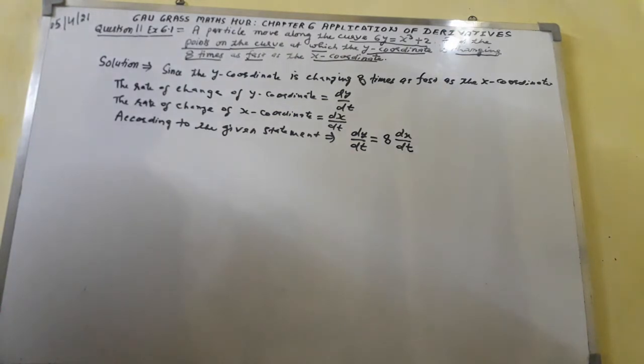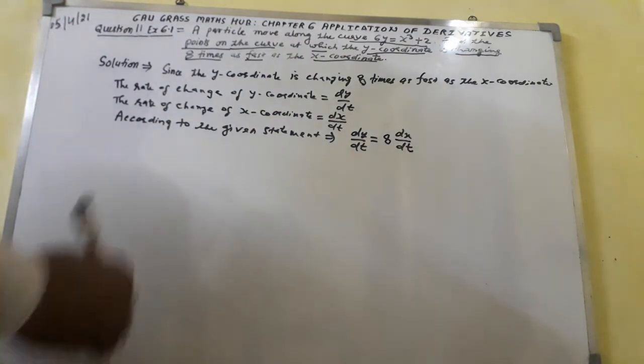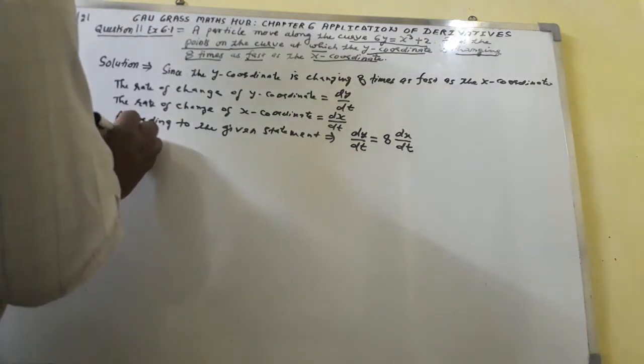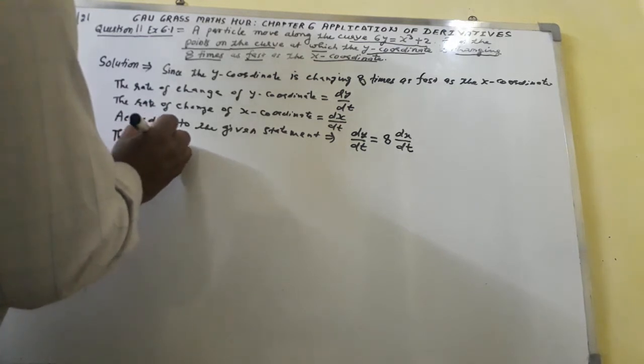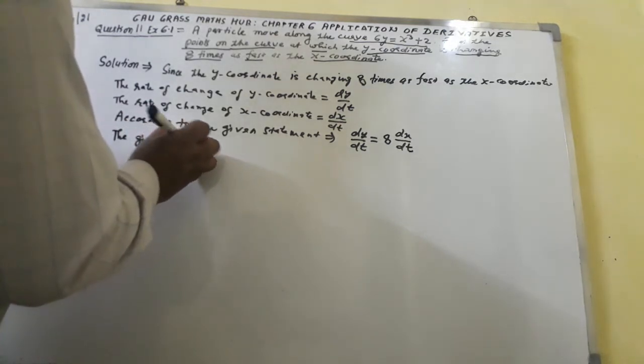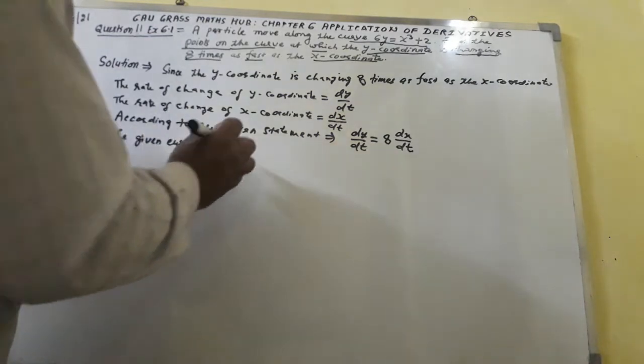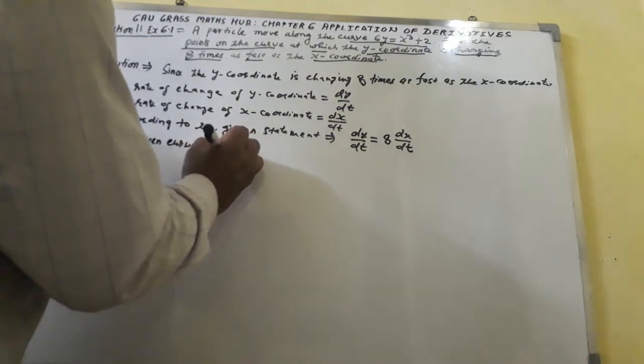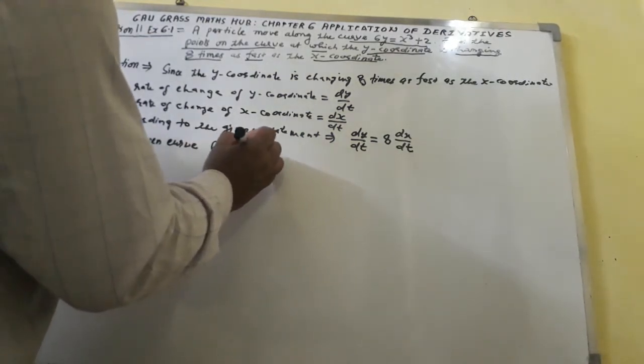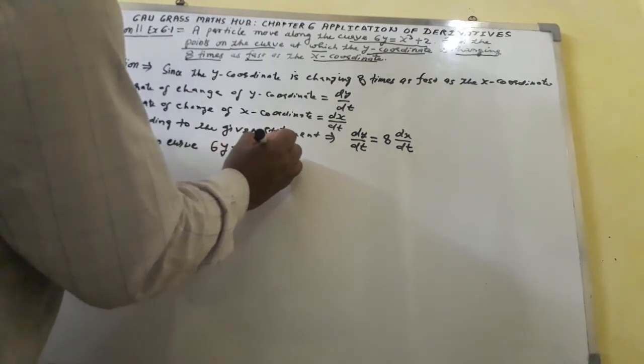Now I shall take the given curve, 6y equal to x cube plus 2.